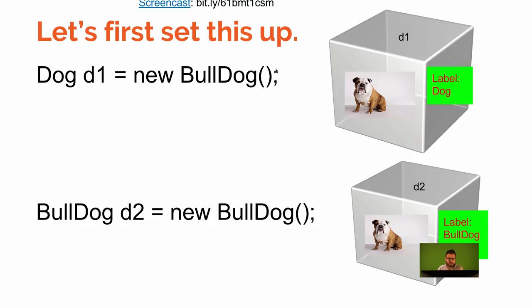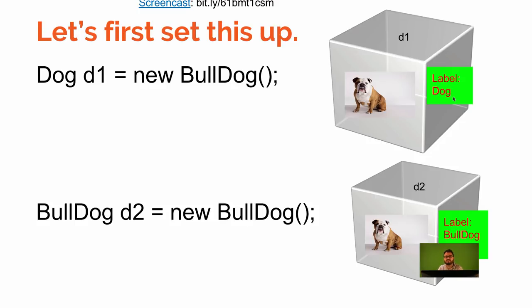As soon as the compiler sees this semicolon after this statement, the compiler does not know that inside truly is a bulldog, because you can think of this box as being an opaque box. The compiler will create an object for you, put it in the box, and put a label outside the box. As far as the compiler is concerned, the only thing the compiler sees is the label outside. The compiler has no idea what is actually inside the box.